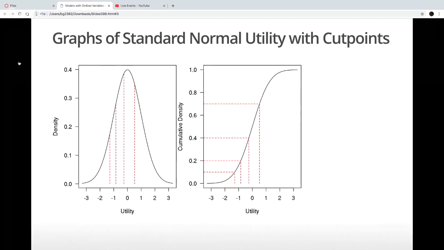So here are some graphs that help to get some intuition for what is going on when we're estimating these ordinal models. We'll talk more about how ordinal models are specified in a second, but you can just imagine that there's no predictors or anything. You're just trying to estimate the proportion of people who are in each category of some outcome variable that's ordinal.